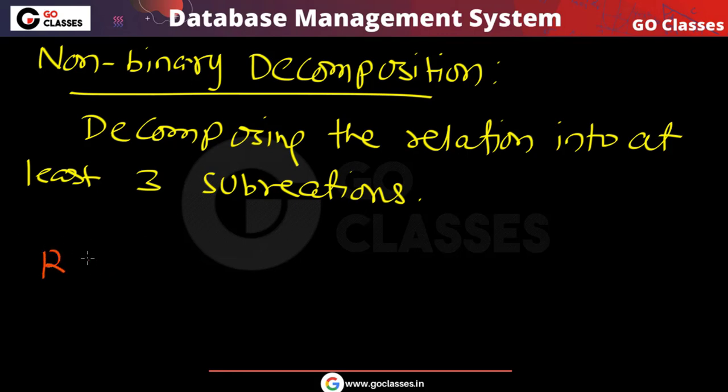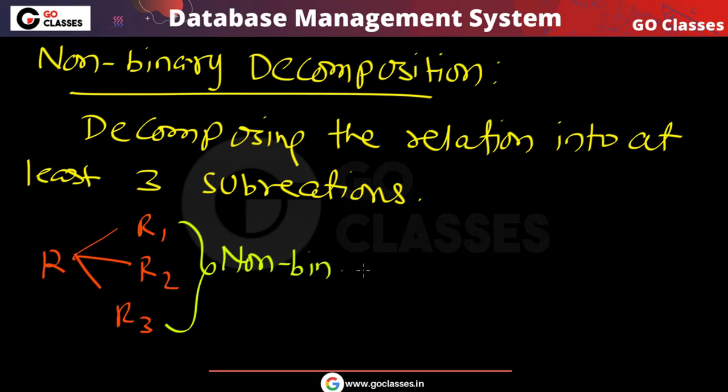For example, if you have a relation R and you decompose it into R1, R2, R3, this is a non-binary decomposition, because binary means you get two sub-relations and non-binary means you get more than two sub-relations.